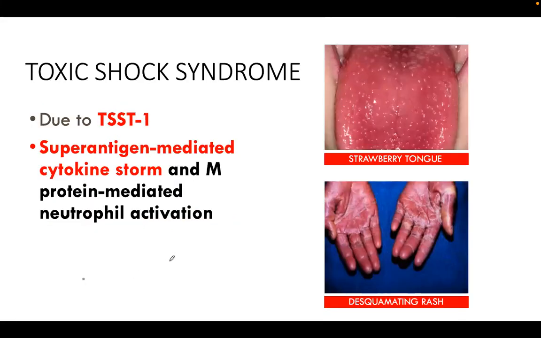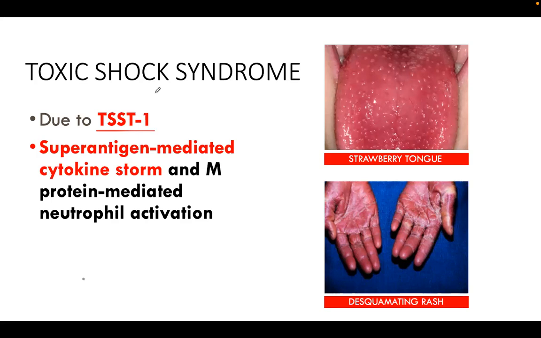Now, next is toxic shock syndrome, which is caused by TSST-1. I want everyone to remember this phrase for the pathogenesis. Jot this down so you will never forget it: superantigen-mediated cytokine storm, as well as M protein-mediated activation of the neutrophils.